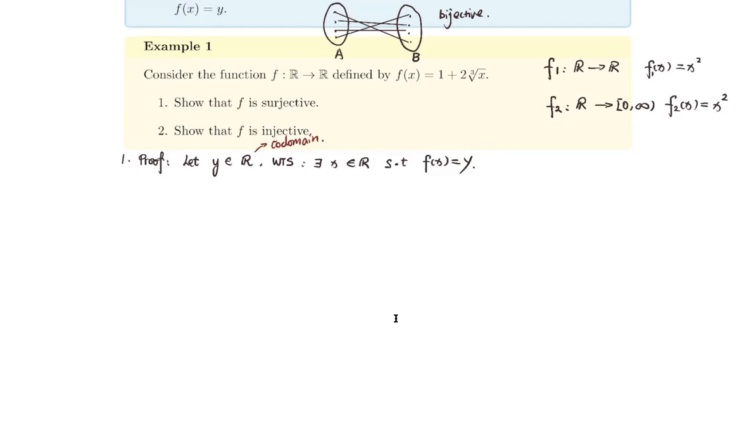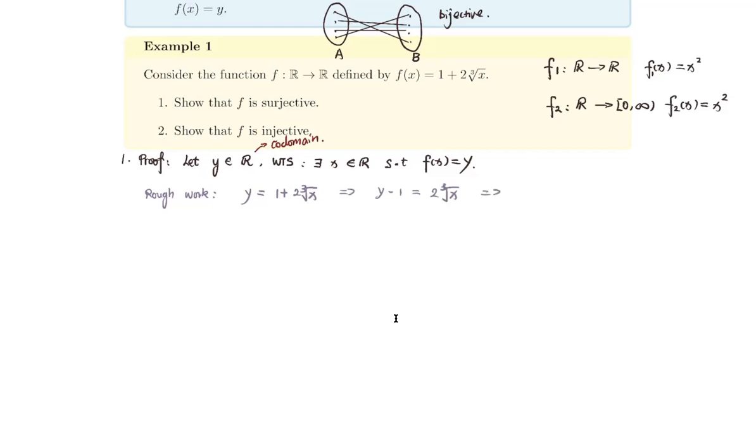To do that, I want to do some rough work, so I'm going to write my rough work in another color. My rough work is that I will try to isolate x. This will give us y minus 1 equals 2 times the cube root of x.